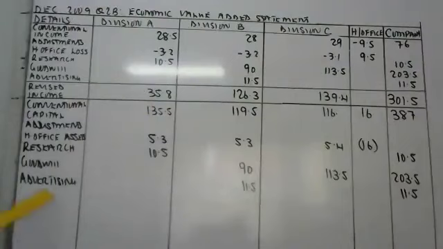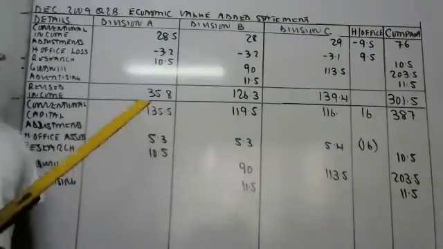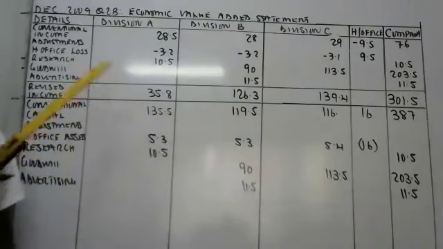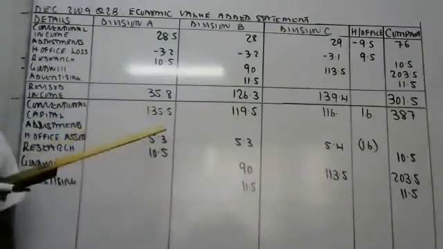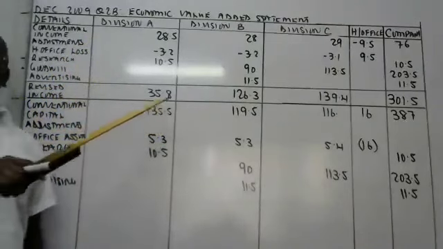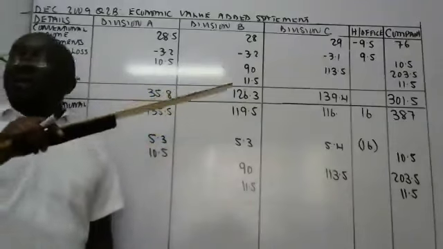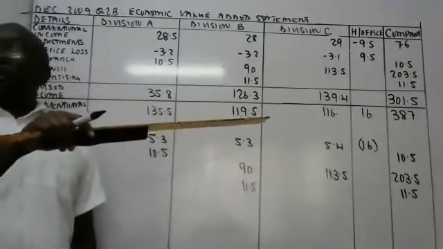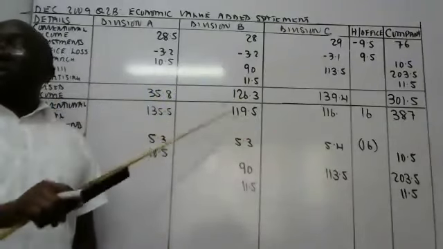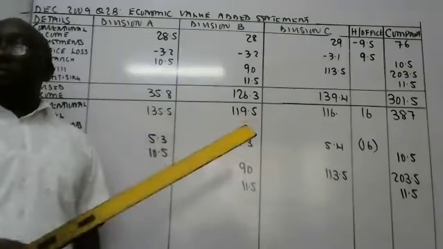It is because these things will find their way into the balance sheet. When you're making financial statements, we have the income statement and the statement of financial position. There are some items that move from the income statement and find their way to the statement of financial position, and others do not.